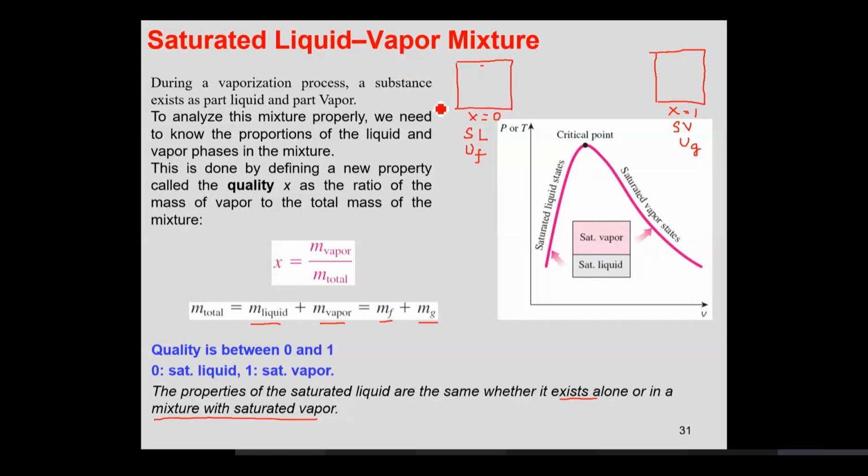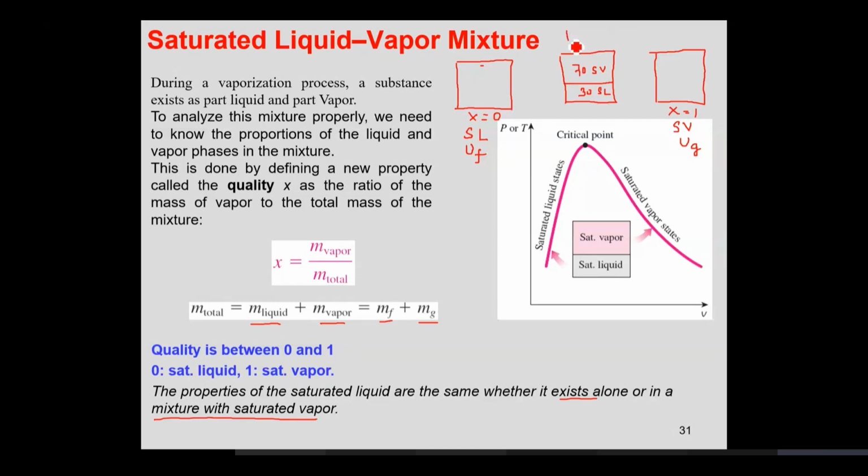Let's say I have a mixture in which I have 30% saturated liquid and 70% saturated vapor. What would be the internal energy of this system?